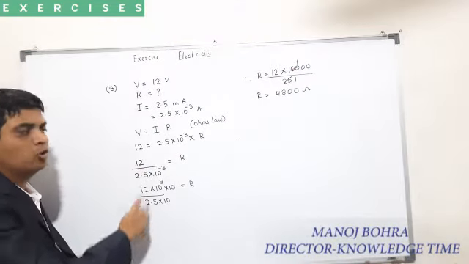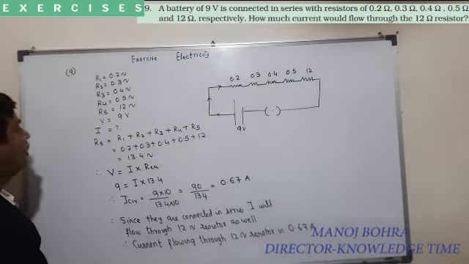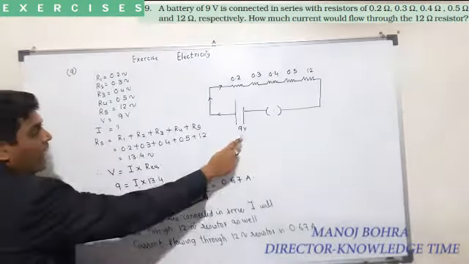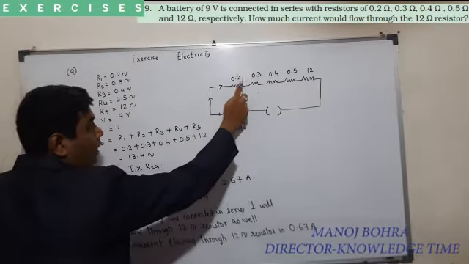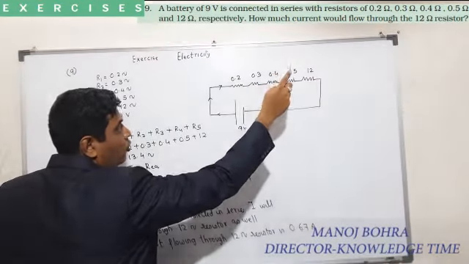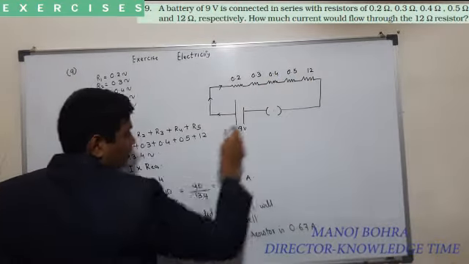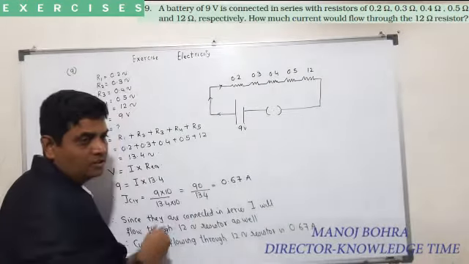Okay, please note down this sum. Let us look at the ninth sum now. What is given? Across a 9 volt battery, you have resistances of 2 ohms, 0.2 ohms, 0.3 ohms, 0.4 ohms, 0.5 ohms and 12 ohms. And you want to find the current across the 12 ohm resistor.